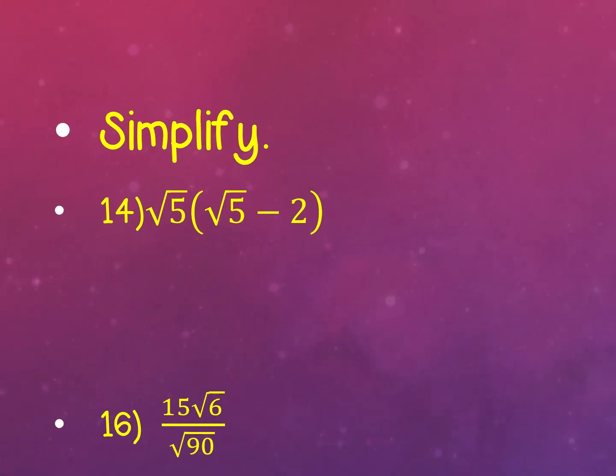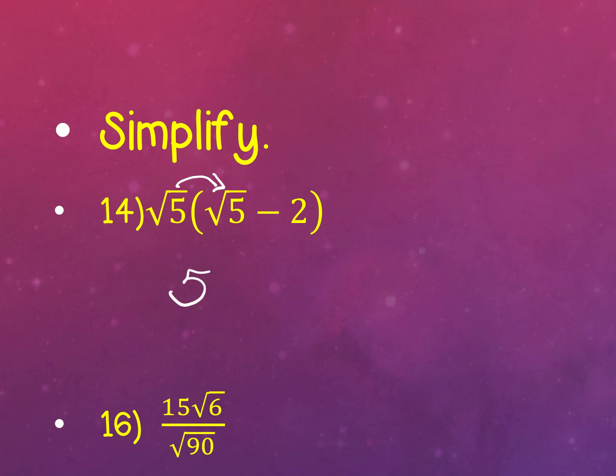So for 14, I'm now multiplying a radical times a binomial. So here, I'm going to apply my distributive property. So I'm going to distribute the square root of 5 to the square root of 5. Notice you got a pair of 5s. So the 5 comes out.